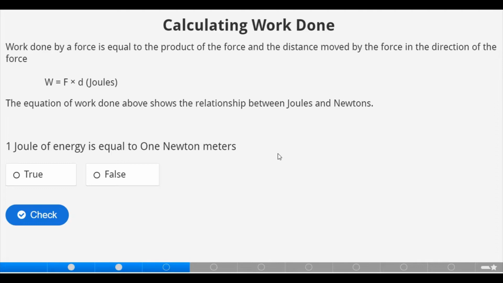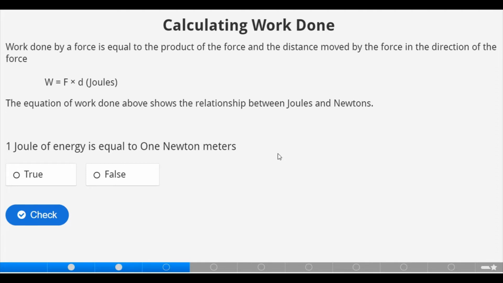Calculating work done. Work done by a force is equal to the product of the force and the distance moved by the force in the direction of the force. W represents work, F represents force, d represents distance.